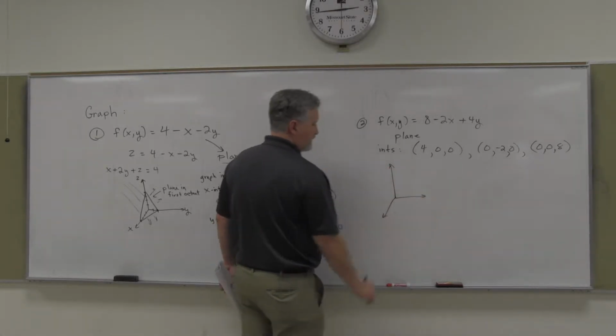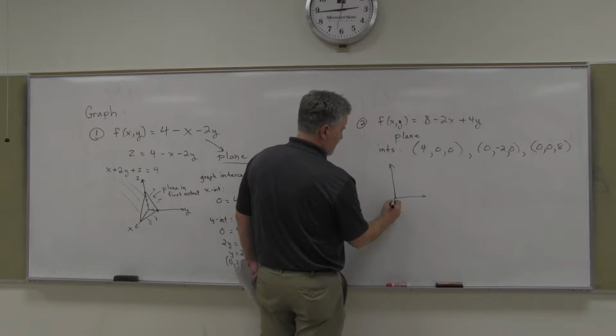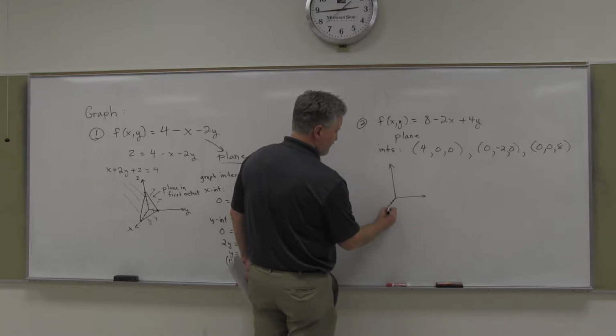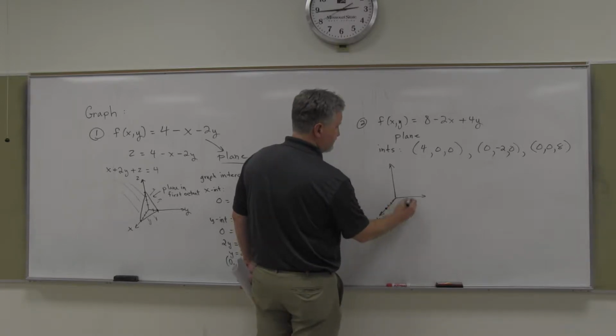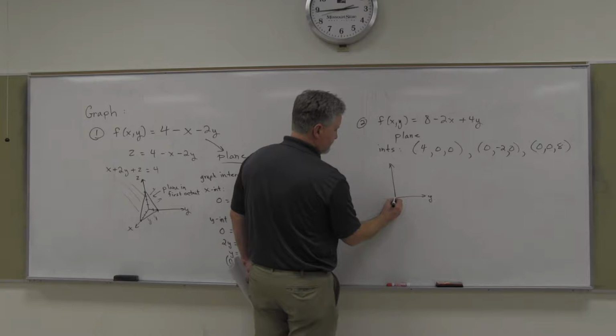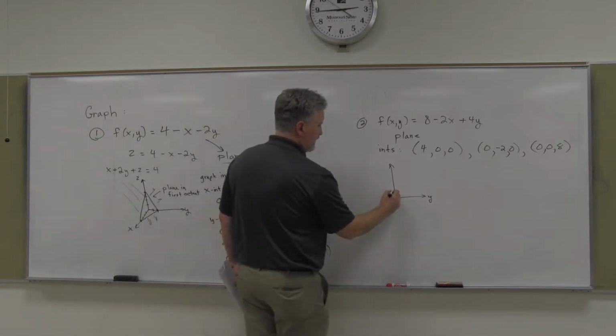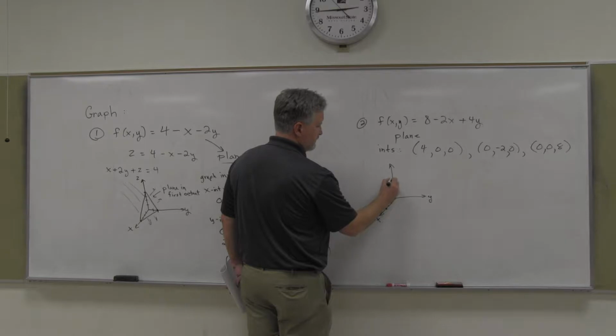Here's what I'd show then. The x-intercept is 4, so 4 units along the x-axis, -2 on the y-axis, where we actually back up a little bit, -1, -2, right there, and then 8 for the z-intercept.